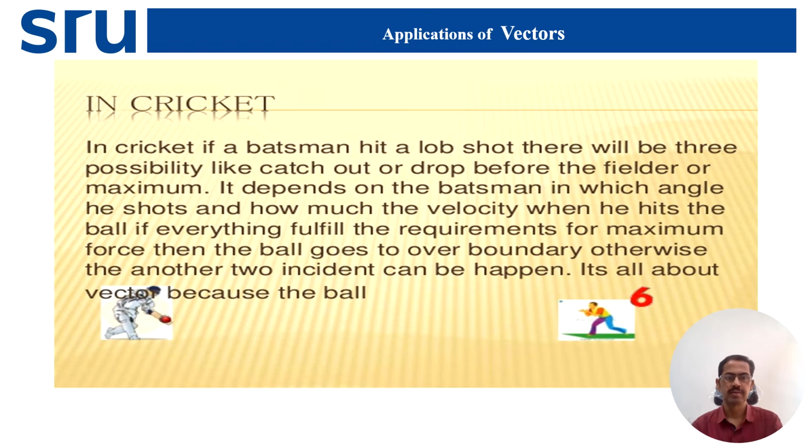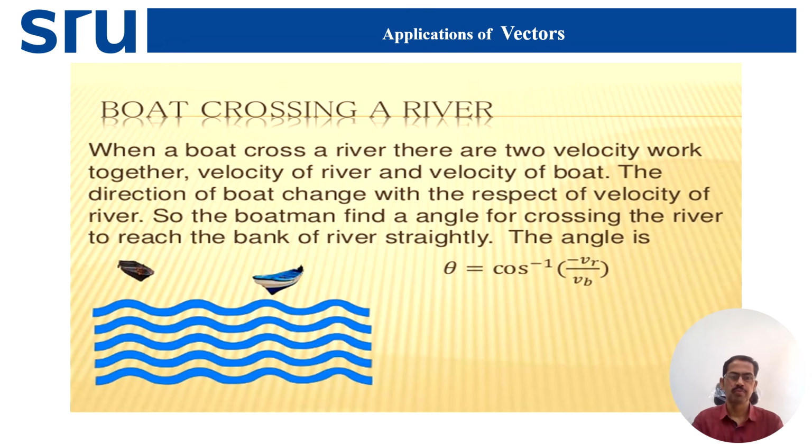Okay, this is about cricket. And the next example is daily life: a boat crossing a river. When a boat crosses a river, there are two velocities working together. What are the two velocities?